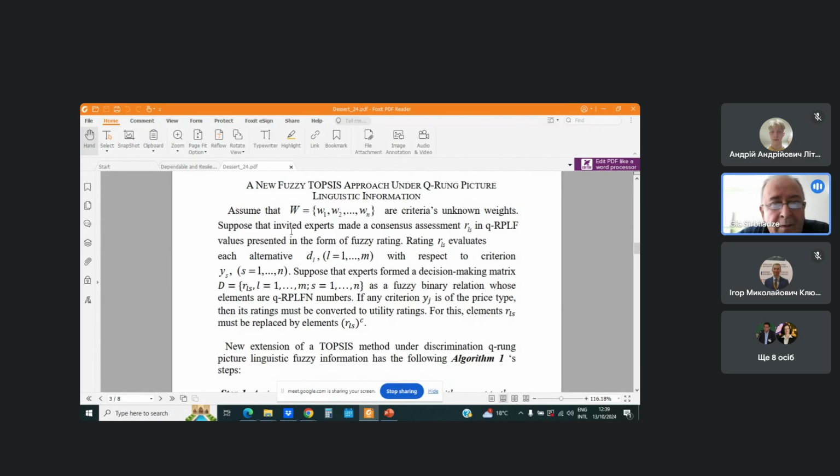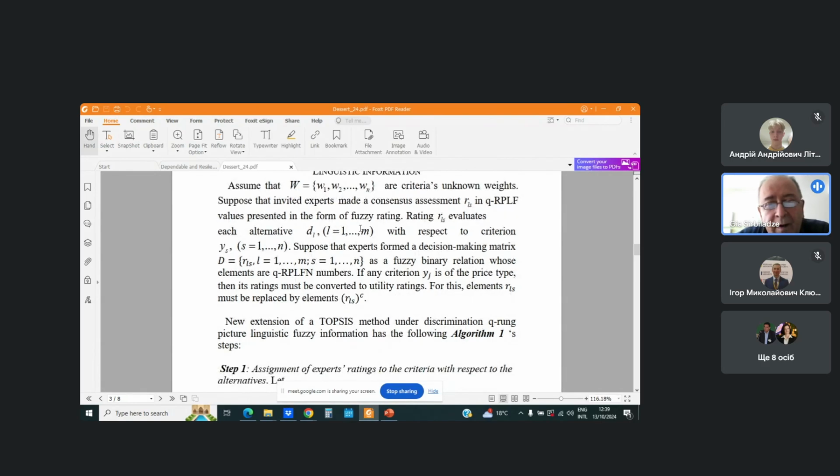So here W is the criteria weights, ratings are denoted by R, and alternatives are denoted by D. So we have M number of alternatives and N number of criteria.